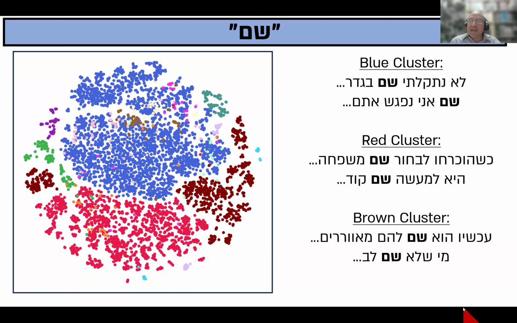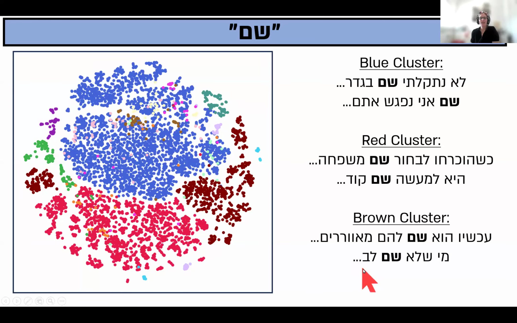The red cluster has the instances of shem: shem mishpacha, shem code. And the brown cluster, which here is represented partially on the right and partially on the left, but that's an artifact of the dimension reduction, and really they're the same cluster in high dimensional space. What we have there is sam, the verb to put: achshavu sam lahem me'avirim.